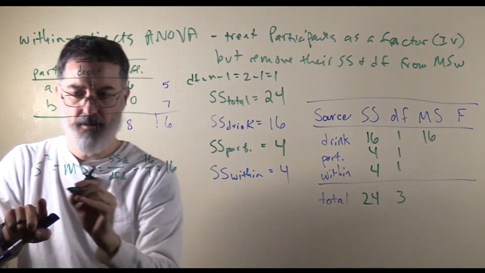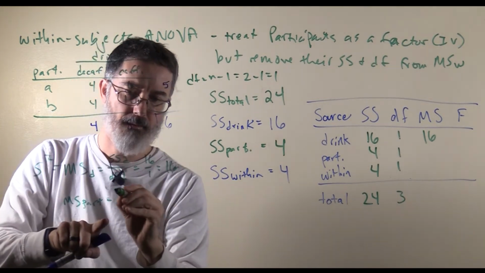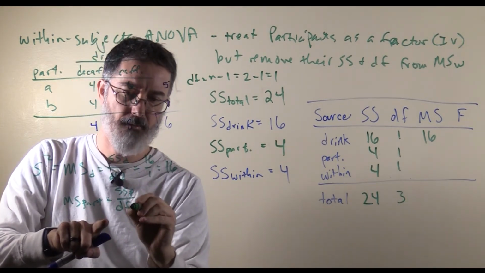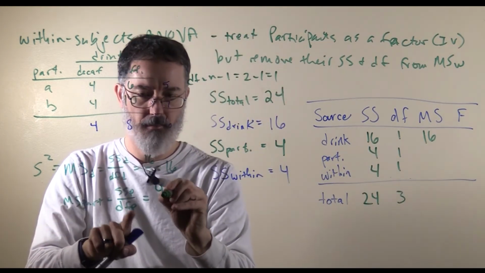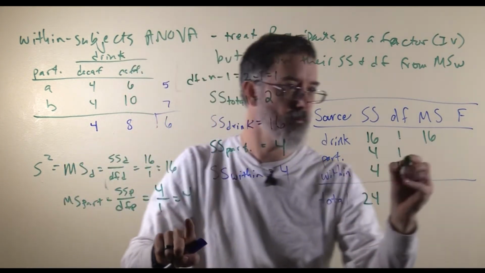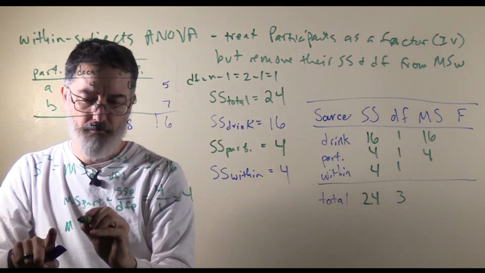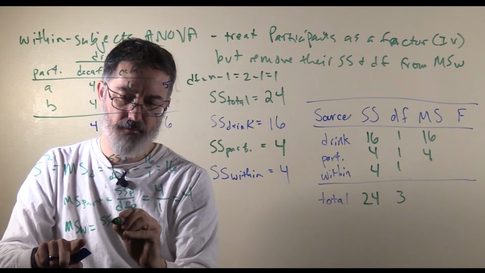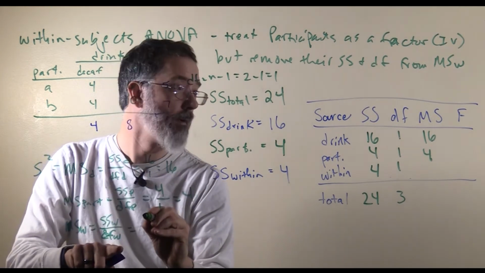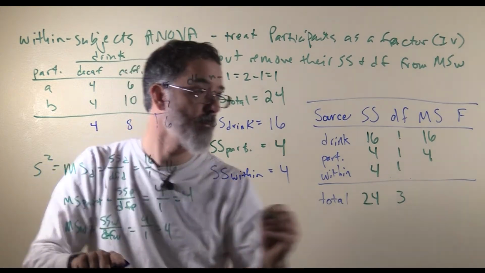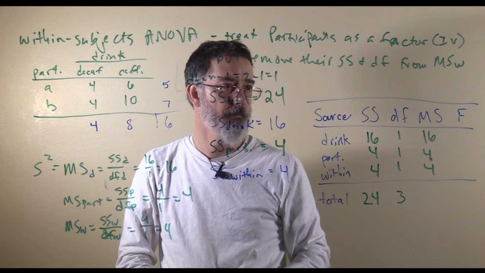Our mean square participant is our sums of squares for participant divided by degrees of freedom for participant. 4 divided by 1, so that's going to be 4. And then our mean square within is going to be our sums of squares within divided by our degrees of freedom within. 4 divided by 1, it's also going to be 4. So there's all of our mean square values.